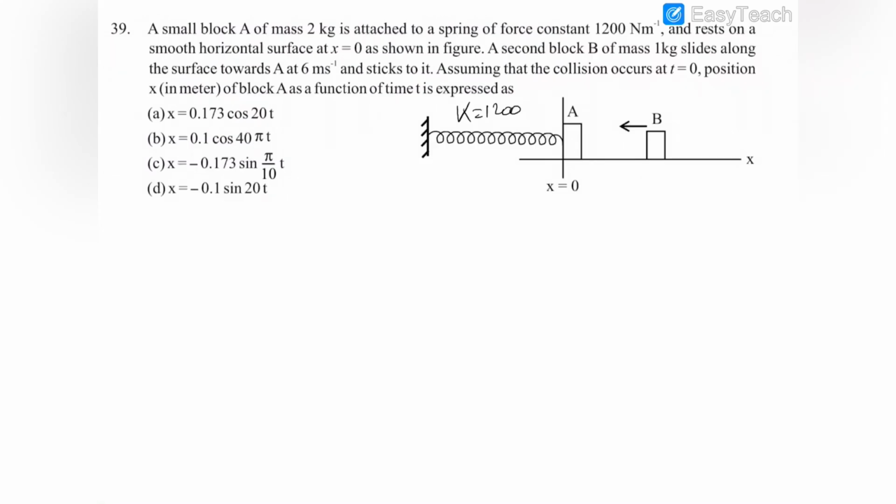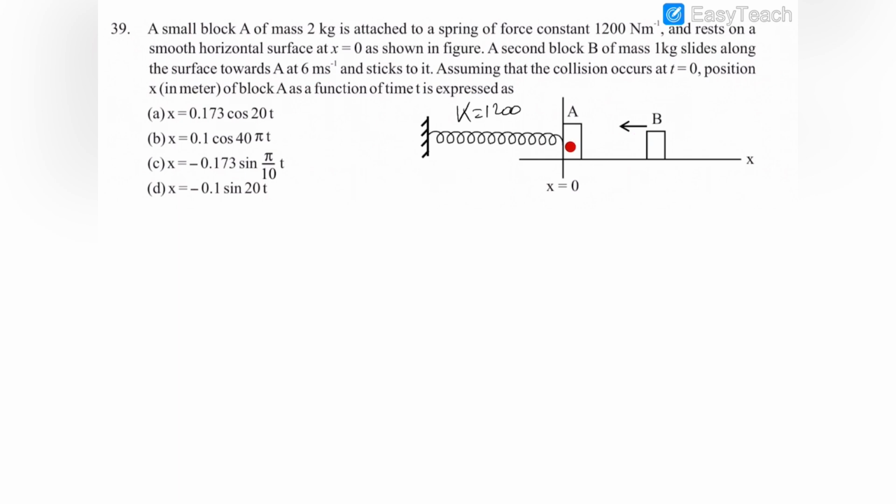In this question, you can see that there is a block A of mass 2 kg and it is connected with a spring and it is kept on a frictionless horizontal surface at rest. It is connected with a spring whose spring constant is 1200, and there is another block B whose mass is 1 kg, and B slides on this horizontal surface towards A with a speed of 6 meters per second.